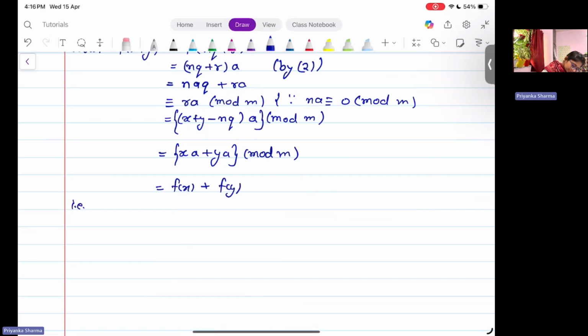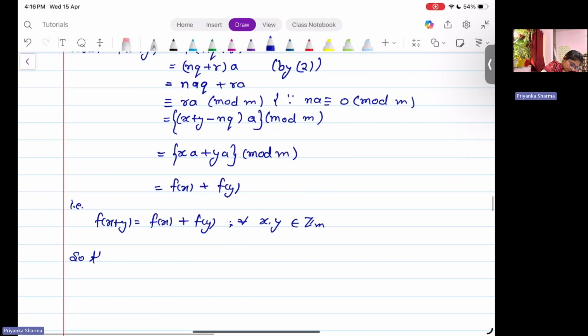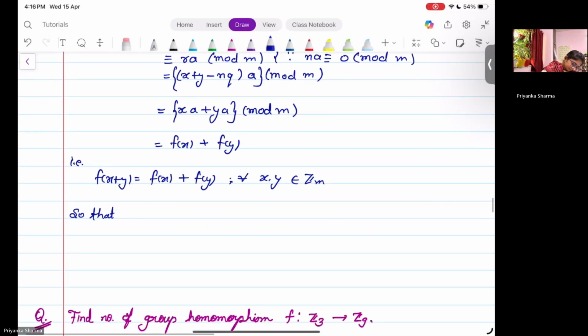That is, f of x plus y is f of x plus f of y for all x and y belonging to Zn. So we can say that f is a homomorphism.